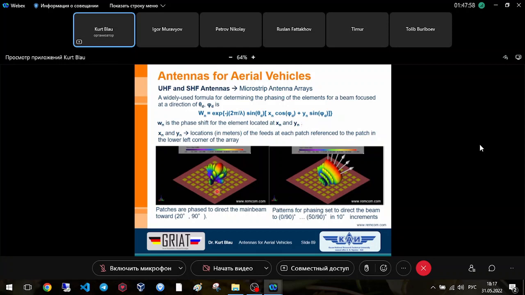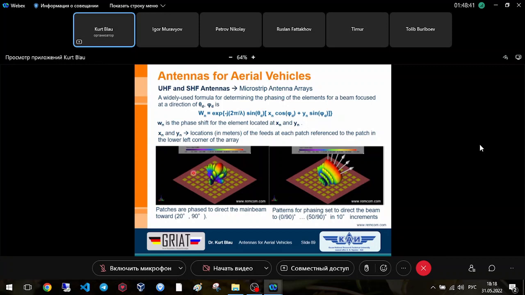If this is element 1, this is our Y direction and this is the X direction, and the first index is the X direction, then the Y direction. For example, this element here is element 3, 8: first X, then Y.